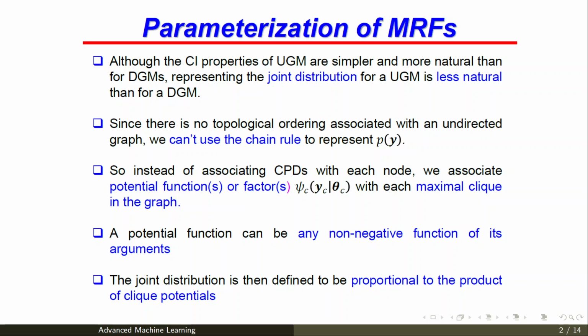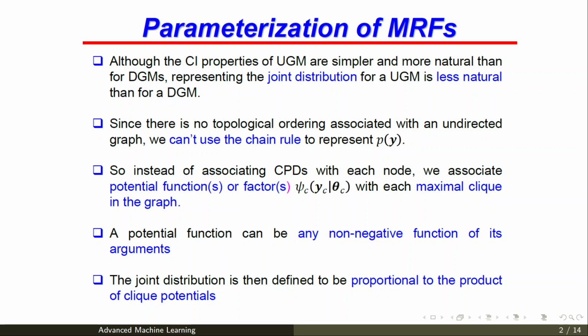here we have to look at it in terms of the potentials defined over the cliques. So the potentials are captured locally as a dependence between variables, but you can see that these potentials are not probabilities, so you cannot directly work with potentials alone.